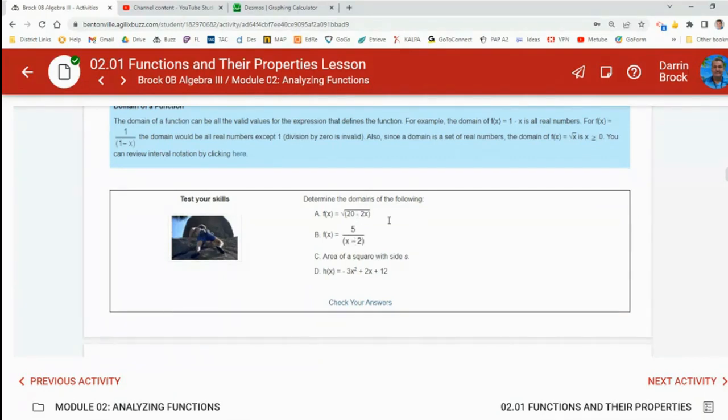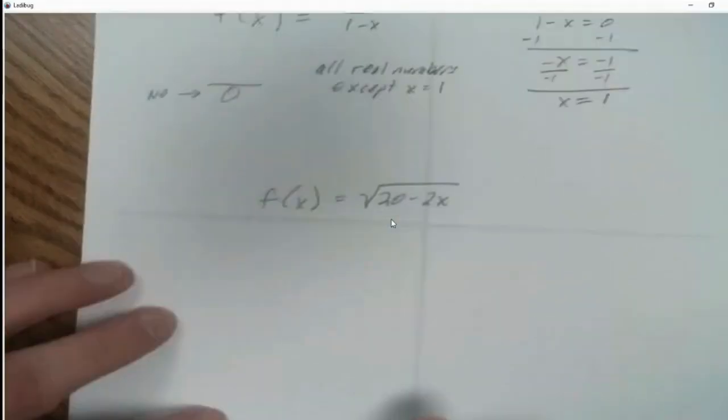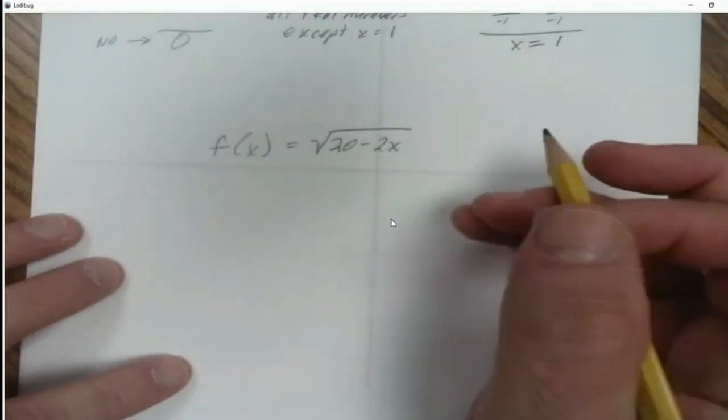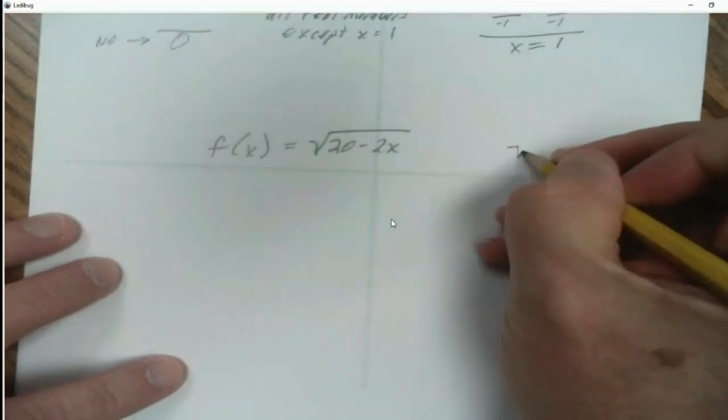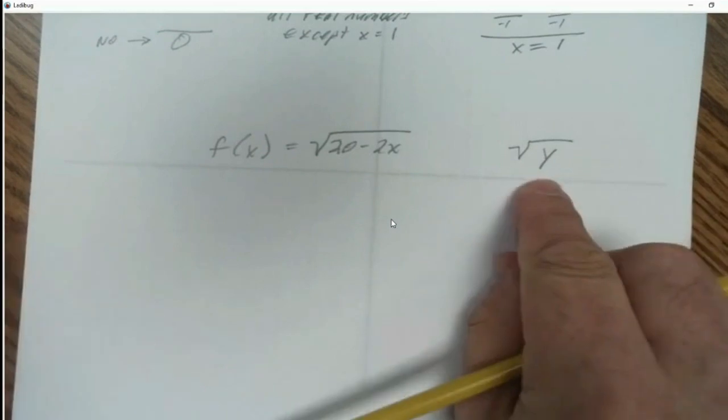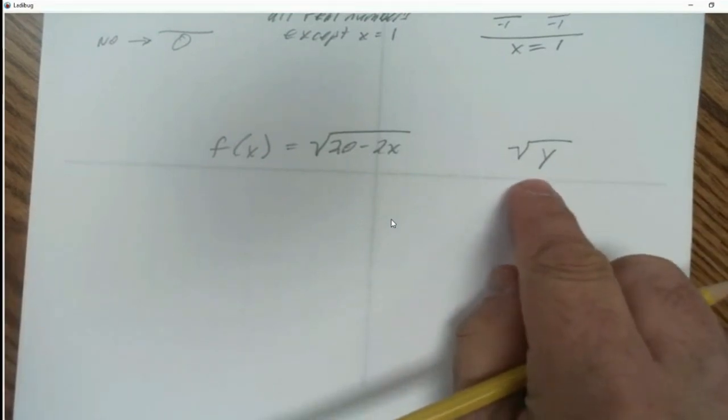What about this one? Now, let's look at this one. Let's put that on our paper. F of x equals the square root of 20 minus 2x. Okay, 20 minus 2x. What's the valid domain for that? Well, what are we restricted to? If we have a square root, and let's say that's y, is there any number that y cannot be?